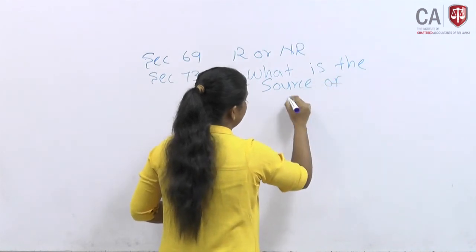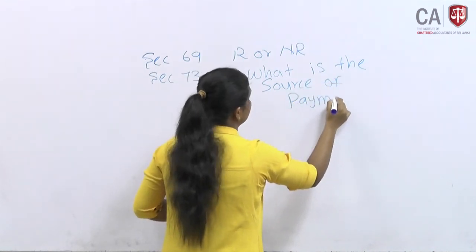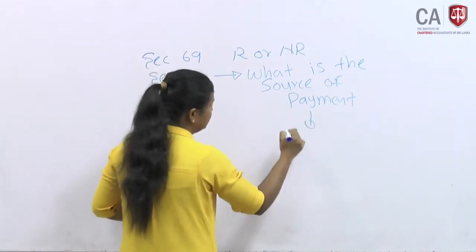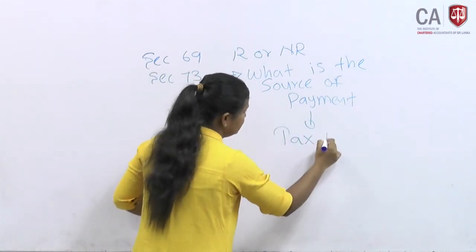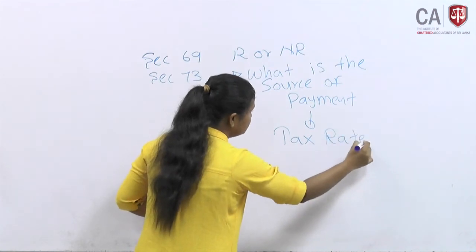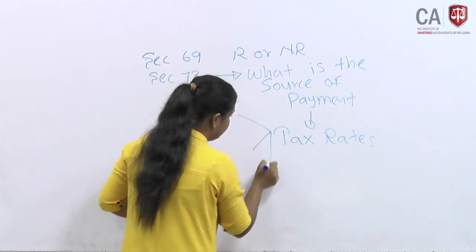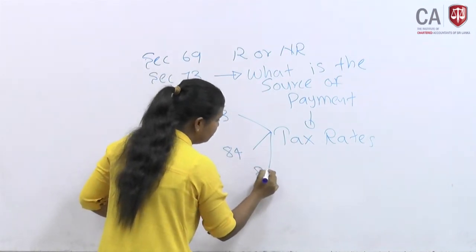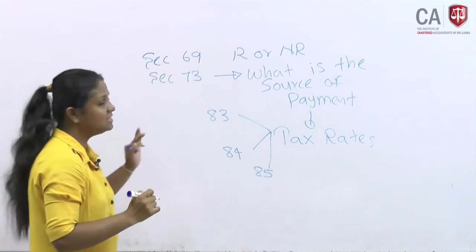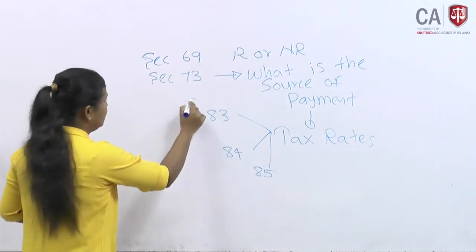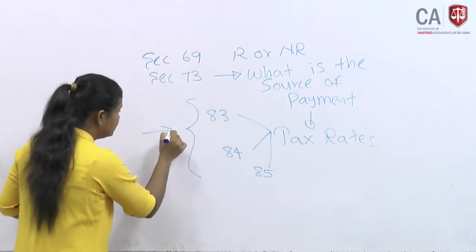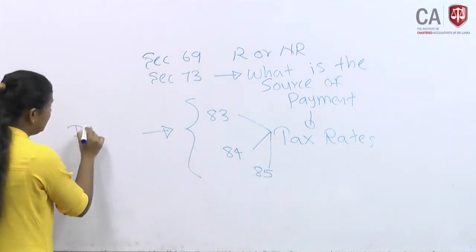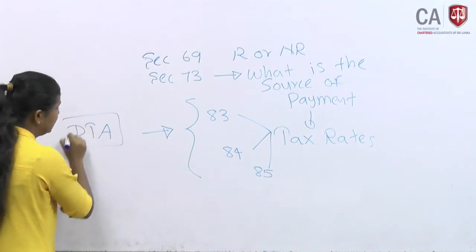After that, for this source of payment, you need to look at the tax rates. When it comes to tax rates, there are sections 83, 84 and 85. Finally, this is not the end point. Finally, you have to give your answer on international taxation under DTA, which we have not yet completed.